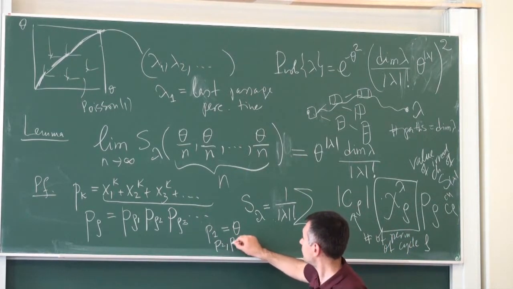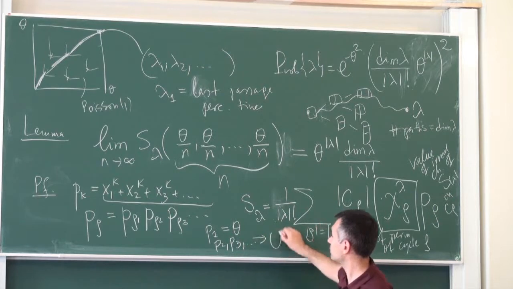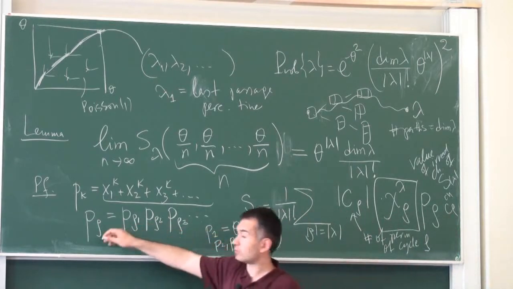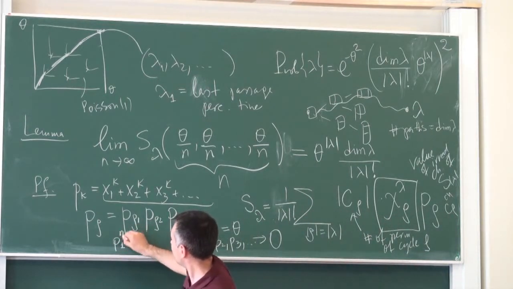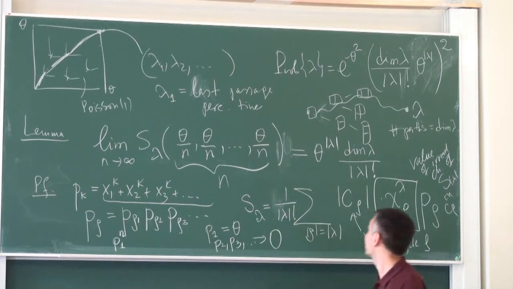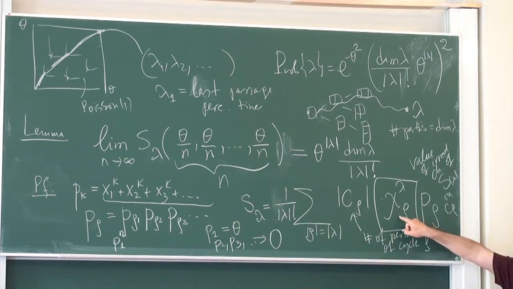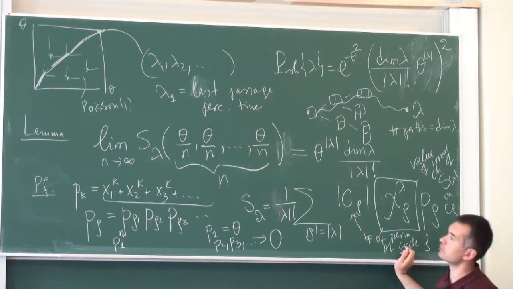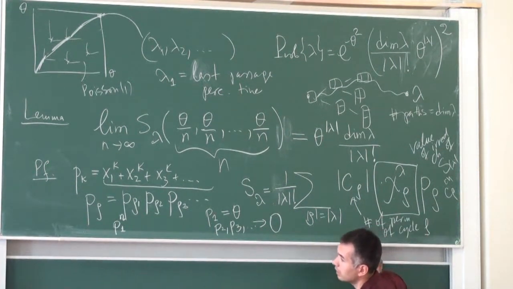But then p2, p3, and all the other ones will go to 0, right? And so if you substitute this into this formula, then the only p_rho that will survive will be p1 to the power n. And then if you read off what coefficients you get here, this will be the character value on the unity of the group, which is the dimension of the representation. Okay? So this is where I leave this fact.